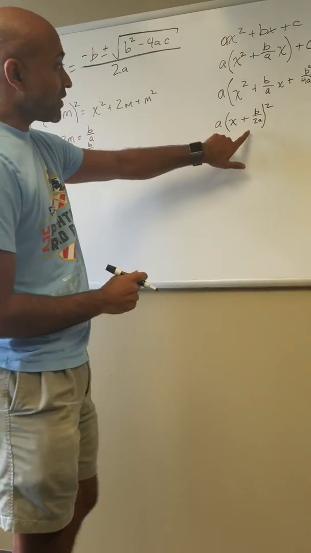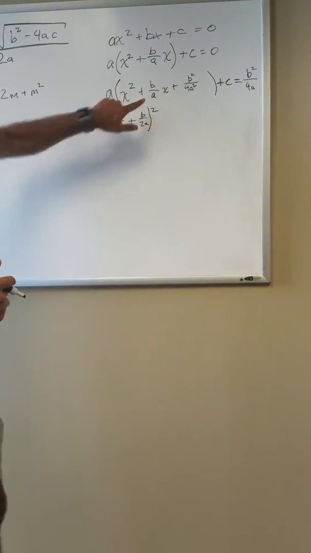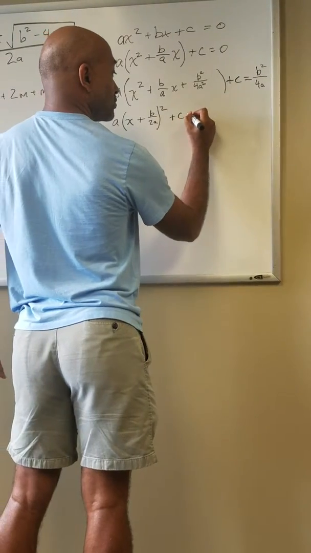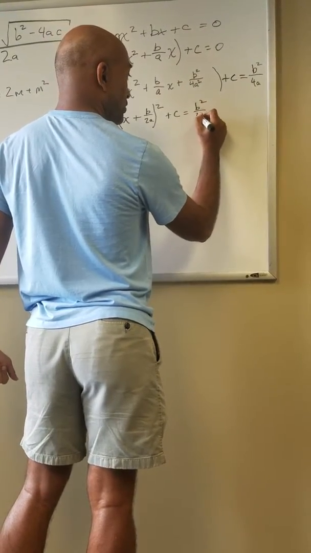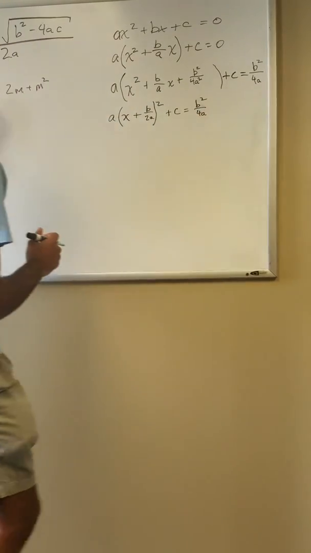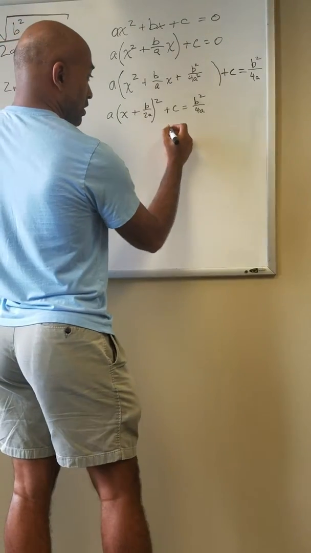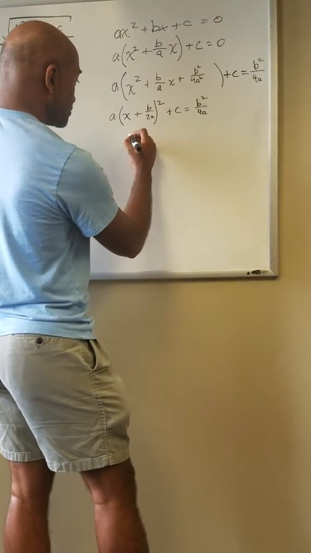And if you do a little bit of algebra, you'll see that this is equal to that, okay? So now we're going to keep cranking the algebra here, and hopefully we will end up with this solution. So now, subtract c from both sides. Let's go ahead and do that.